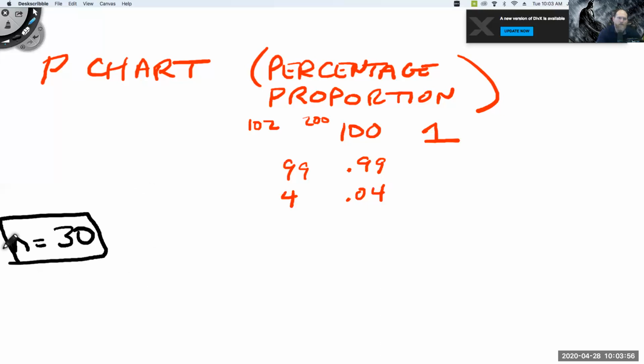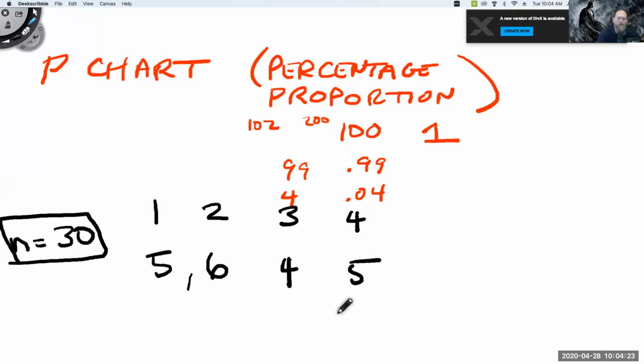So let's say we have an N of 30, and out of that N of 30, we get 5 complaints on the first day. And out of that N of 30, a different sample, we get 6 complaints the next day. So this is day 1, this is day 2, this is day 3. Let's say the third day, we get 4 complaints. And the fourth day, we get 5 complaints.